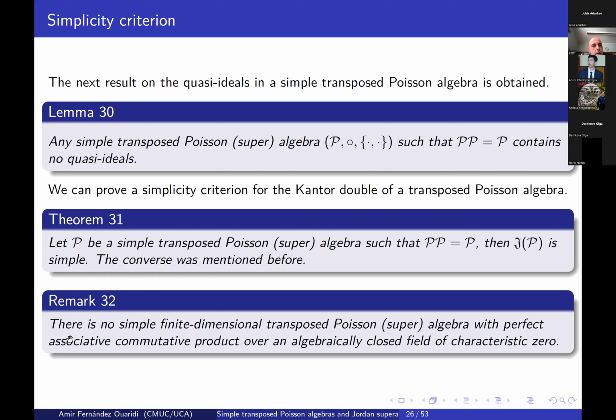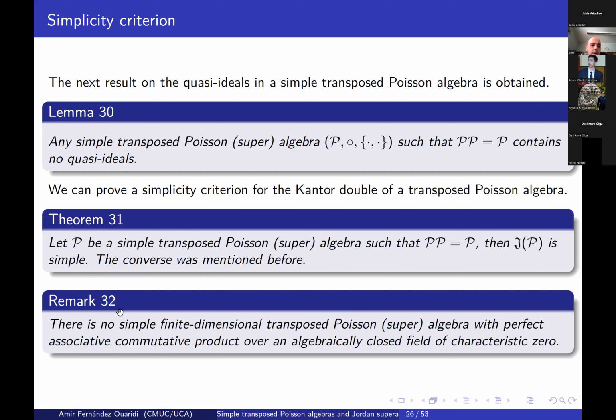Also, as a remark, there is no simple finite-dimensional transposed Poisson superalgebra with perfect associative commutative product over an algebraically closed field of characteristic 0. And how do we know this?